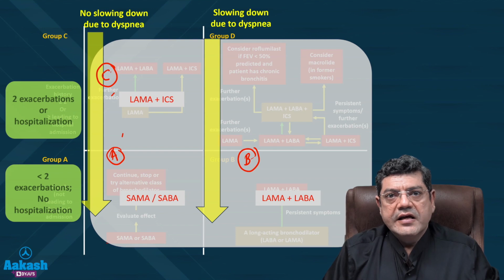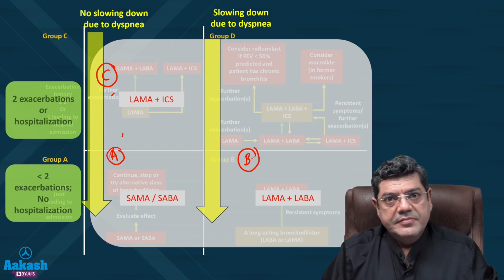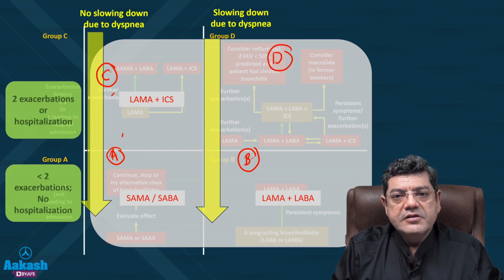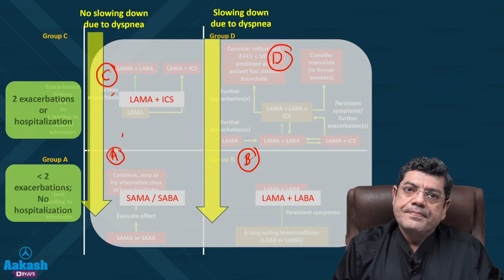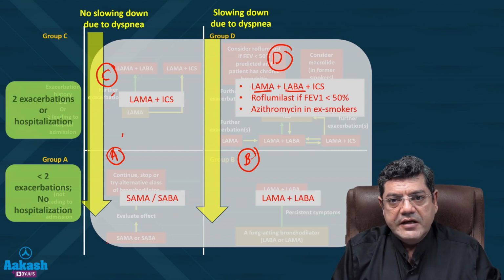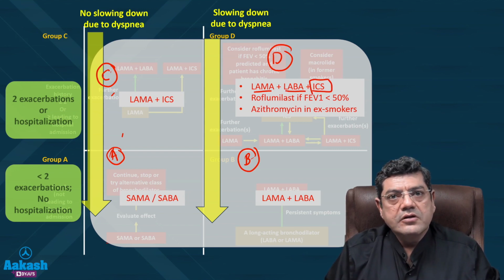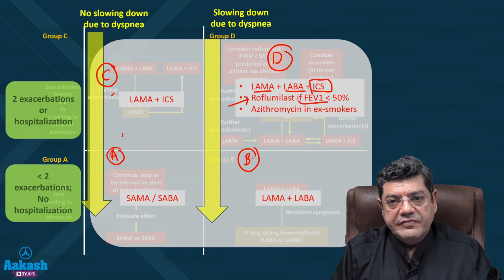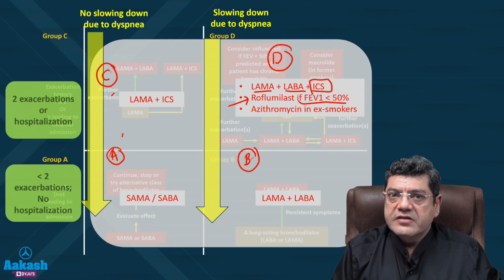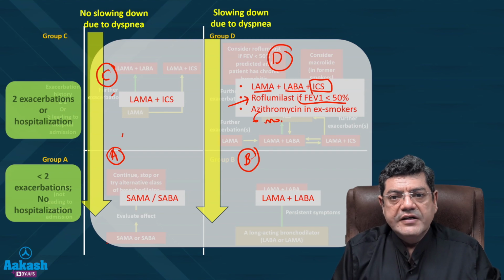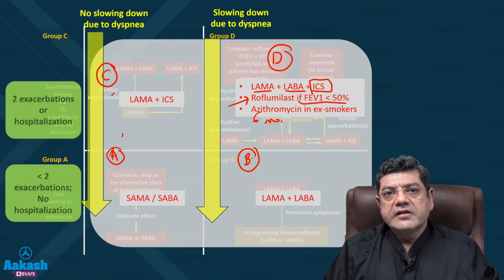And when they have dyspnea despite such therapy, or they are the high risk patients, category D is high risk patients with high dyspnea. Now these patients will need a combination of long-acting muscarinic antagonist, long-acting beta agonist and inhaled corticosteroid. You also add roflumilast. We've discussed this. If FEV1 is less than 50%, so stages 3 and 4 COPD in ex-smokers, 6 months of daily macrolide therapy will reduce further exacerbation.